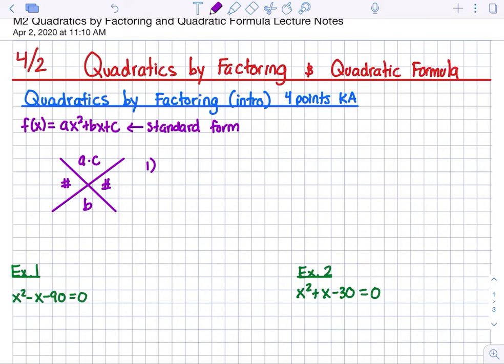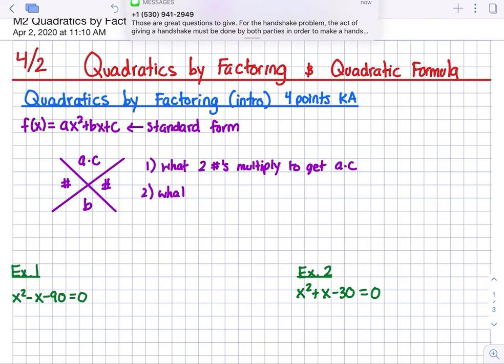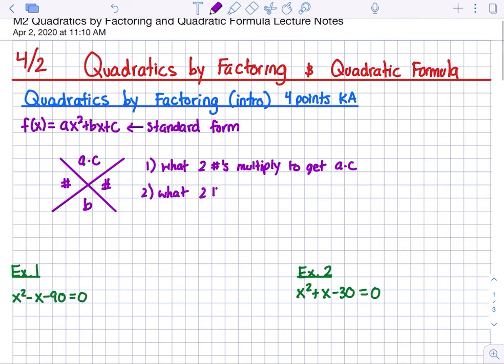The two questions are: what two numbers multiply to get a times c, whatever value that is, and two, what two numbers added together to get b.